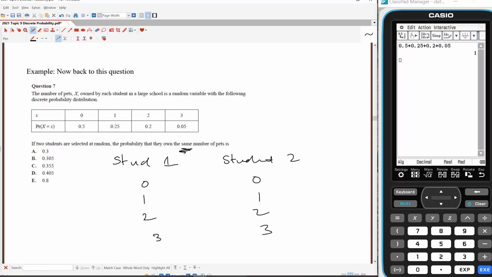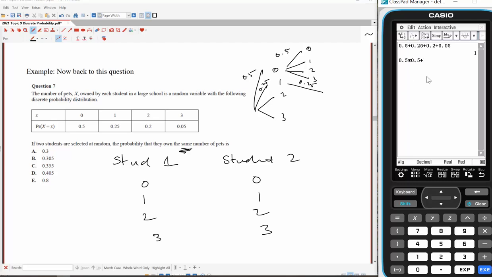add those together. So the way to think about this is like a tree diagram. So we have 0, 1, 2, 3, followed by 0, 1, 2, 3. So we'll be looking at that situation, then 1 and 1, then 2 and 2, then 3 and 3. So 0 would be 0.5 and 0.5. 1 and 1 would be 0.25 and 0.25, etc. So for this one here, I need to churn this one out using my calc.